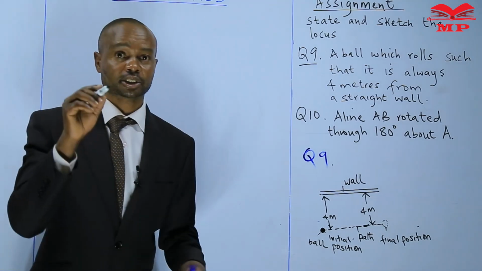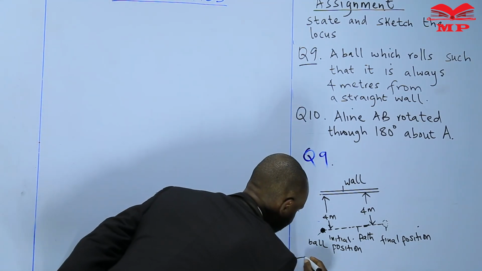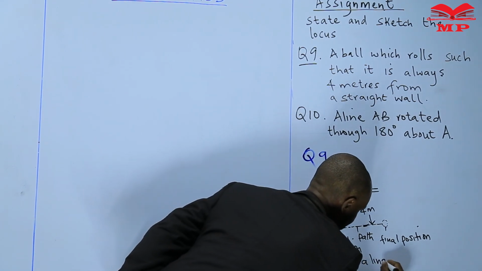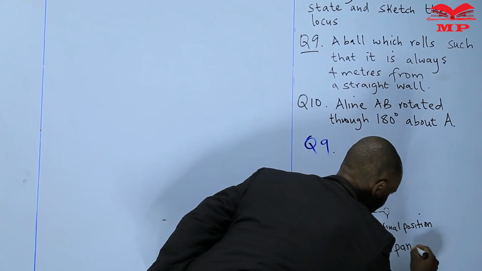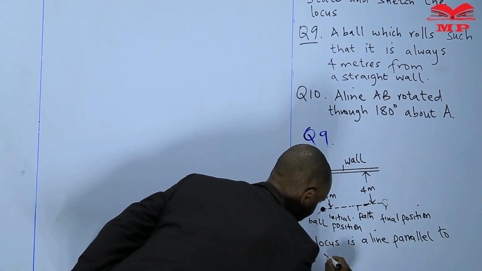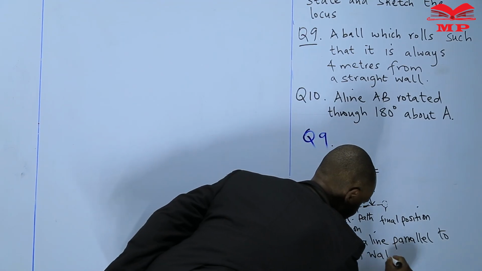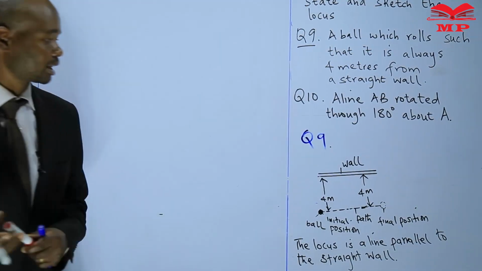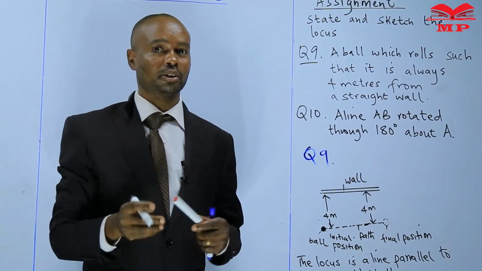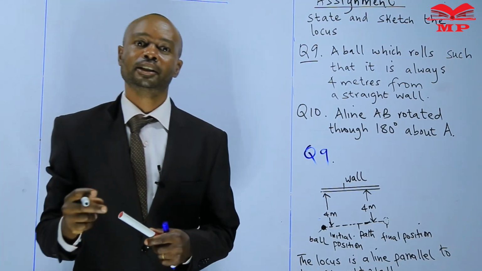Therefore, the locus will be a line parallel to the straight wall, because the law says it should maintain the 4-meter distance from the wall.